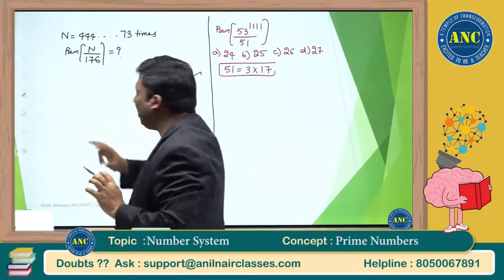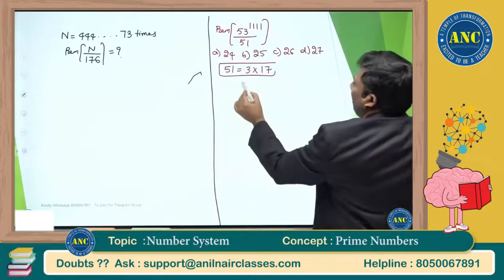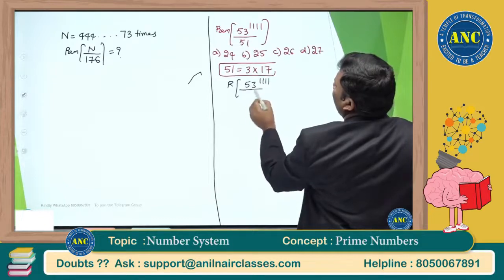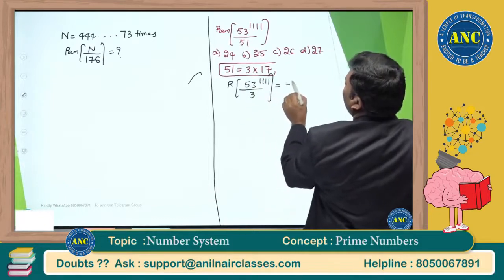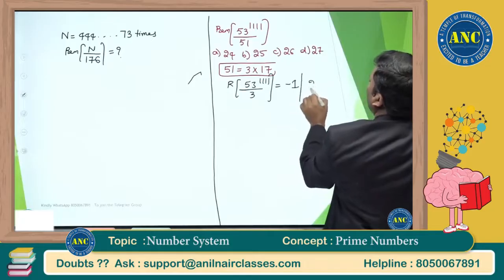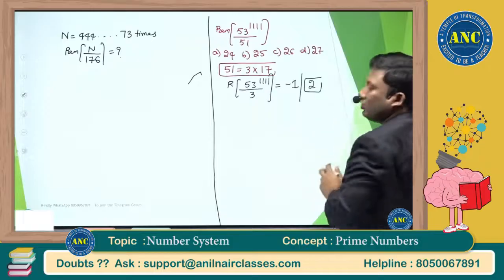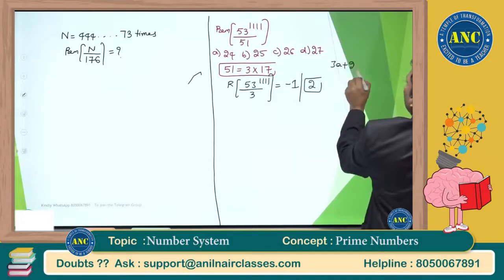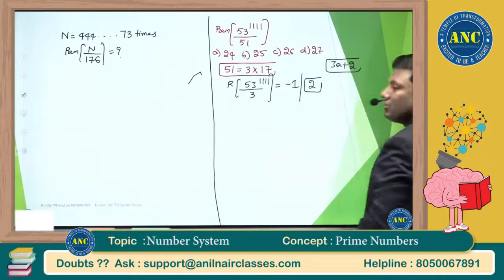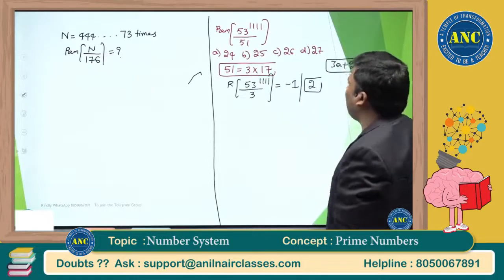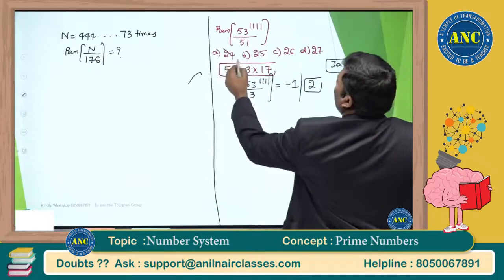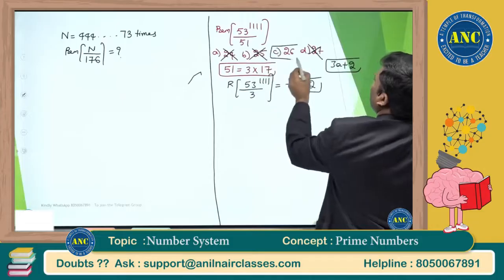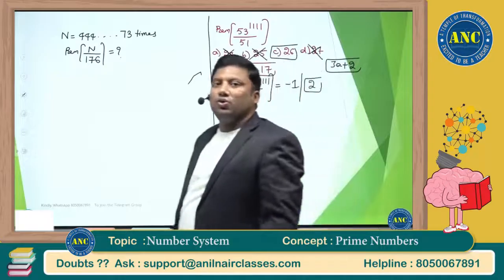You will understand it very neatly. 53 power 11111 divided by 3: 3 18s are 54, so the negative remainder is minus 1 and the positive remainder will be 2. The answer when divided by 3 should give remainder 2. 3 into 8 plus 2, so 26.